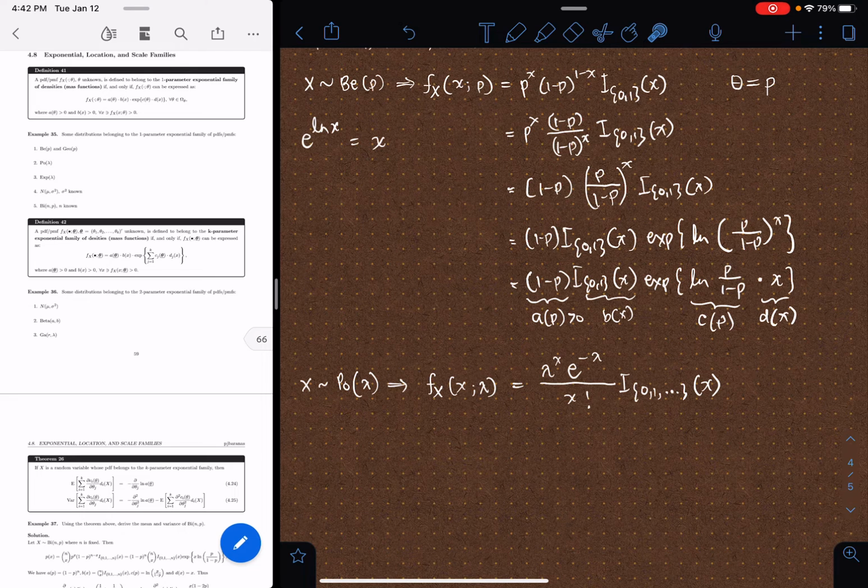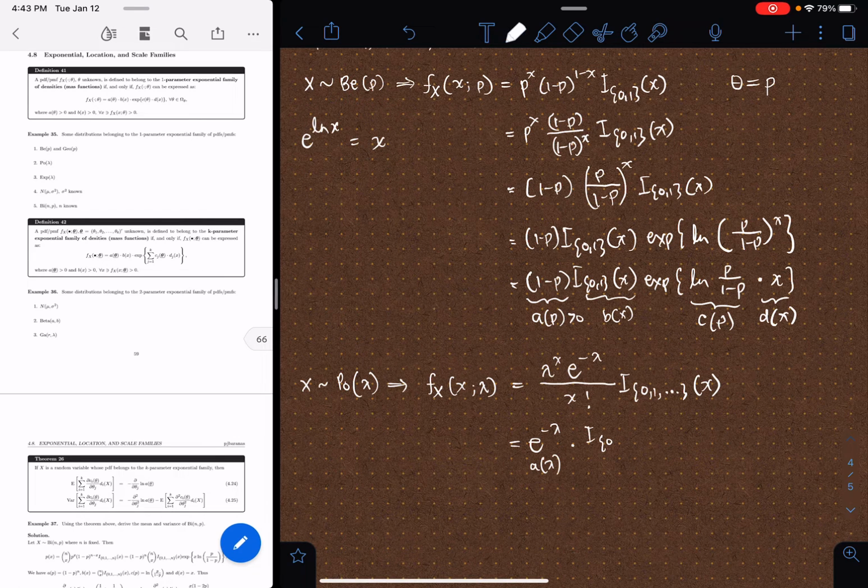So separate natin, paano ito? Isulat natin tong e to the minus lambda. This will be our a of lambda. And then we have the indicator function 0. Kailangan pa rin. Sorry. Since walang x pala dito sa exponential function na to, kailangan pa rin pala natin gamitin ito na result.